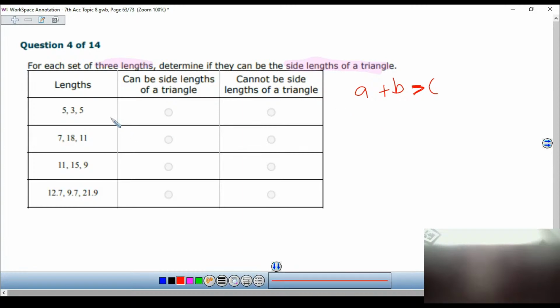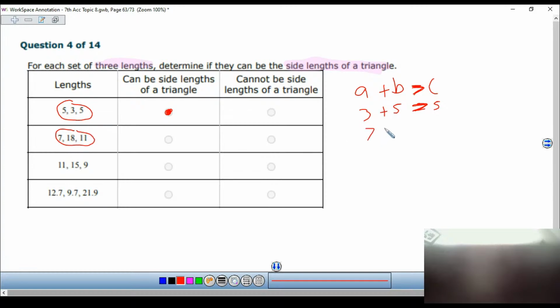So we take this first one, we've got 5, 3, and 5. So the smallest lengths are 3 and 5, and the largest length is 5. So 3 plus 5 is 8. 8 is greater than 5, so that is a triangle. Does that make sense? Then we take the next one, got it, the 2 smallest legs.